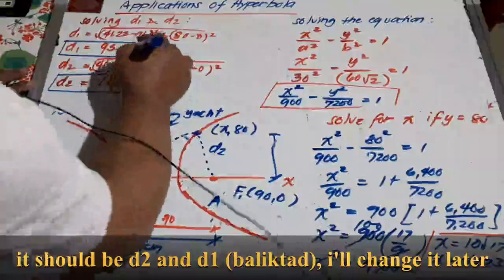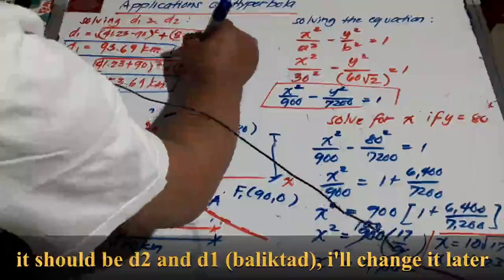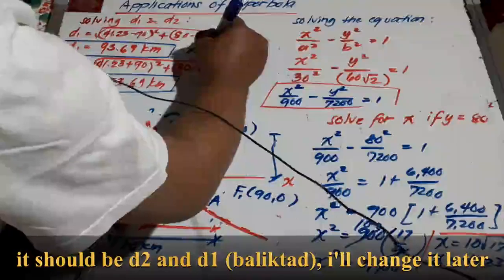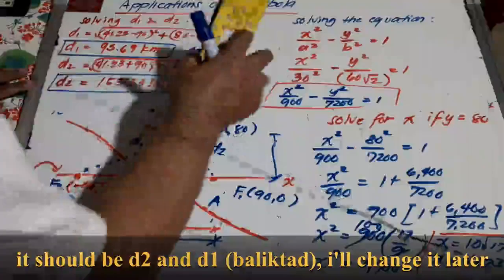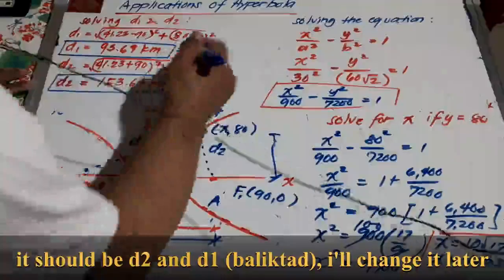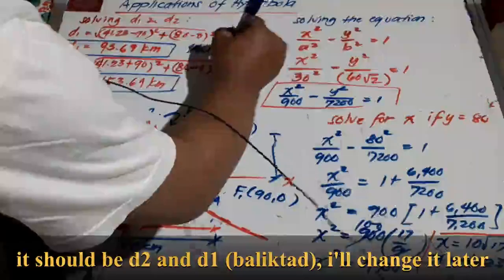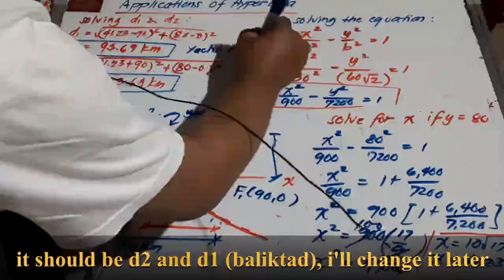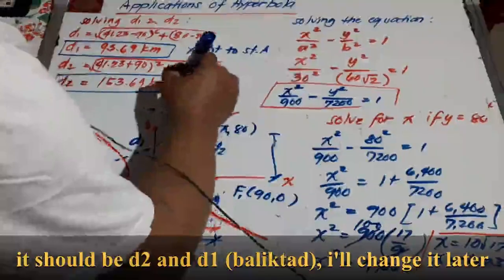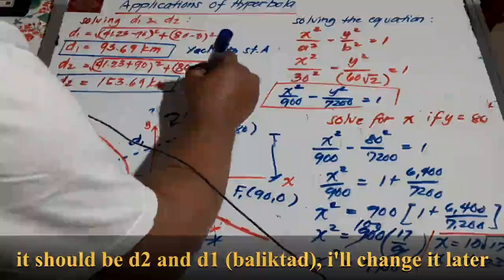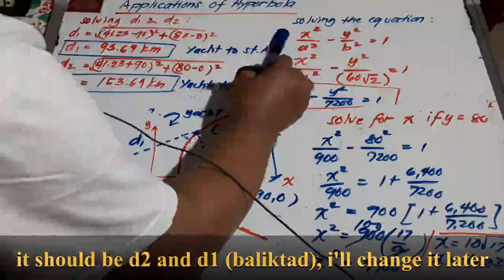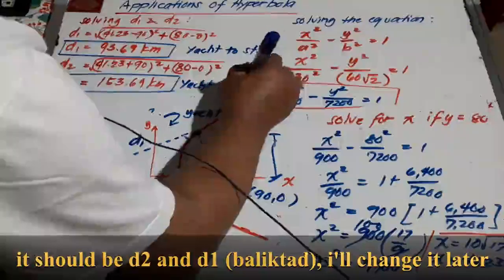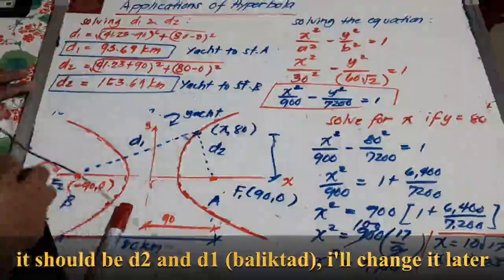Ito ay distance of the yacht to station A. Ito ay yacht to station B. Okay. Yan, station B.